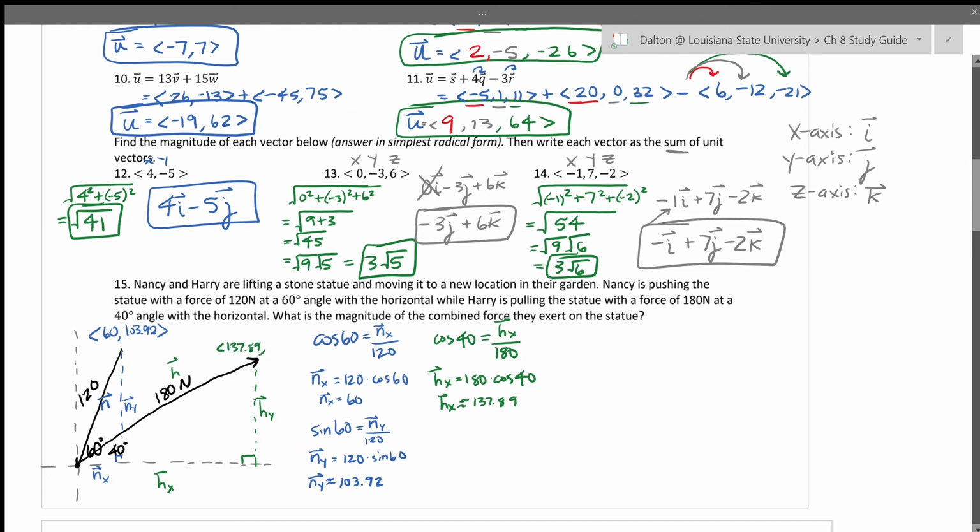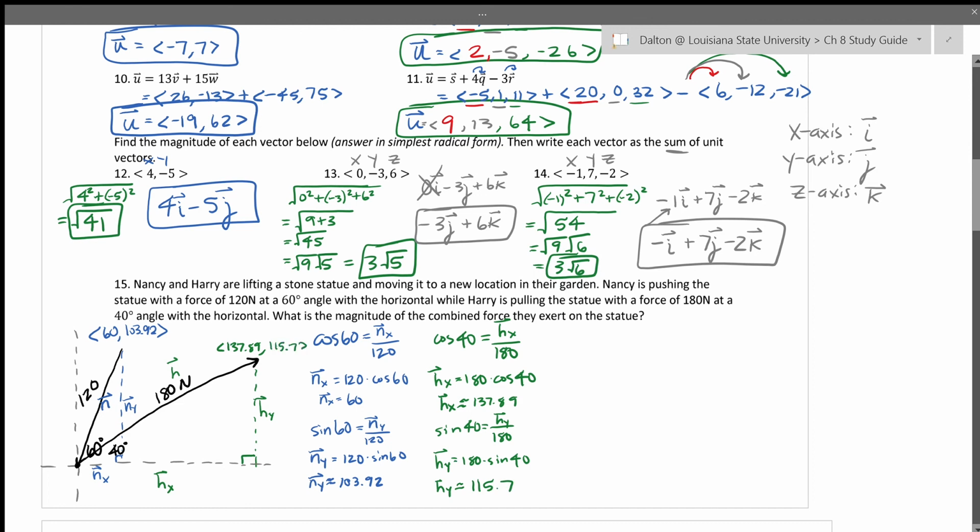To get his y component, we're going to do the same math, except the sine of 40 is equal to vector h sub y over 180. So then vector h sub y is equal to 180 times the sine of 40. And then when you plug that into your calculator, you're going to get approximately 115.7.